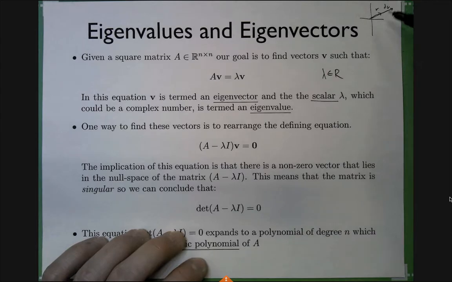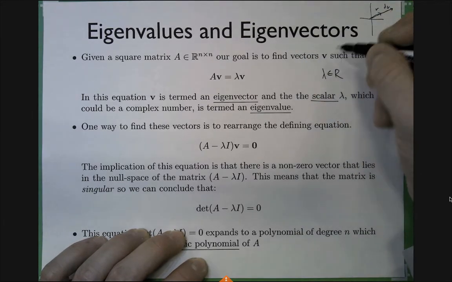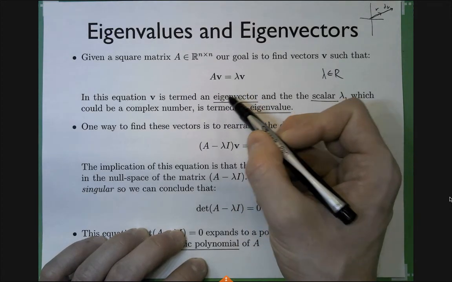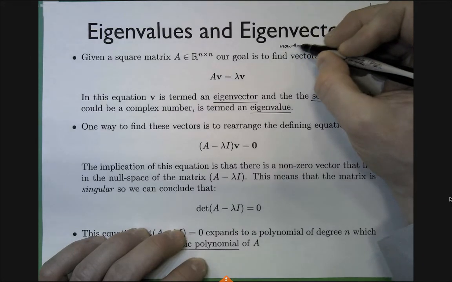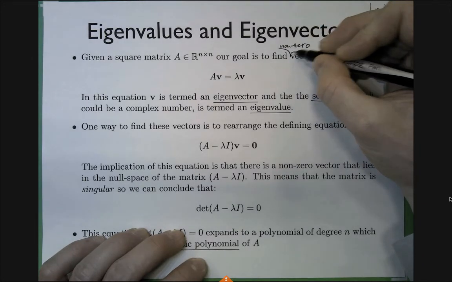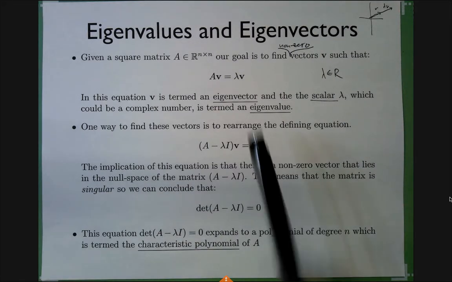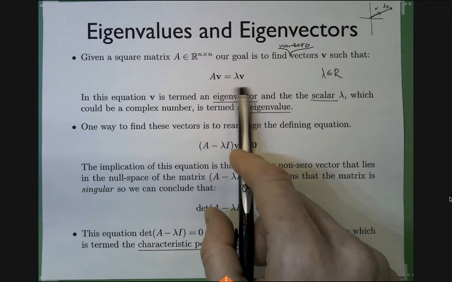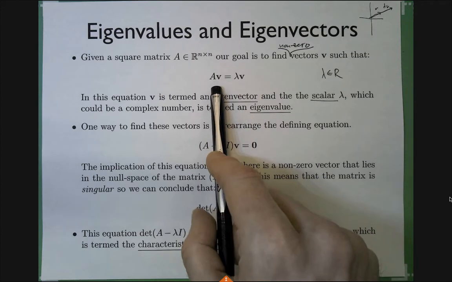There's one important thing that I must exclude: zero vectors, right? You could immediately point out that 0 could be an eigenvector. Well, that's not cool. So we need to say non-zero vectors V. It makes sense once we finish the geometric intuition behind this. The V is on the left-hand side and on the right-hand side.